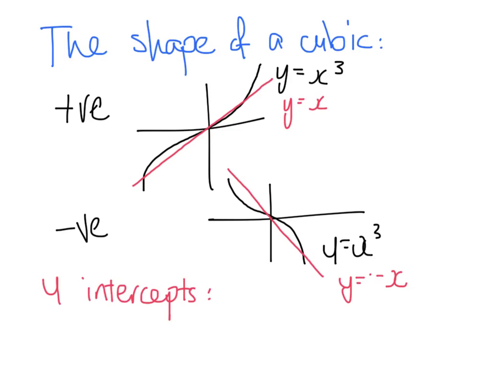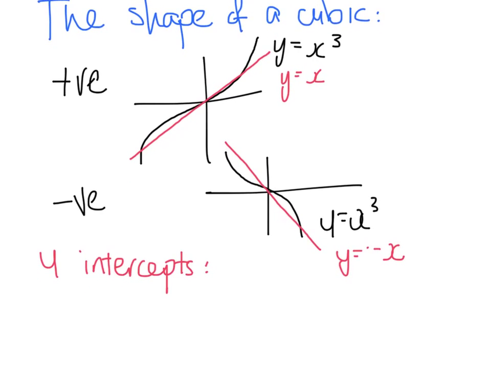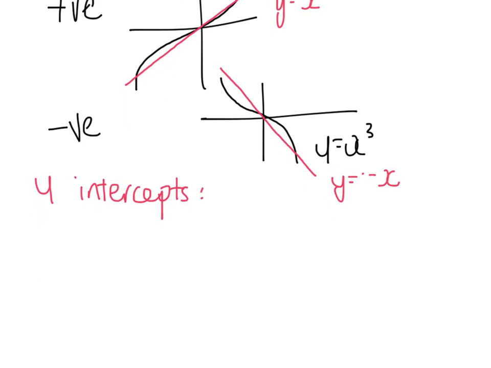Okay, and the y-intercepts then, well, this is the place where our graph crosses the y-axis. So if we have that y is x cubed plus 2x squared plus 7x plus 4, we know that's a cubic because of the little 3.